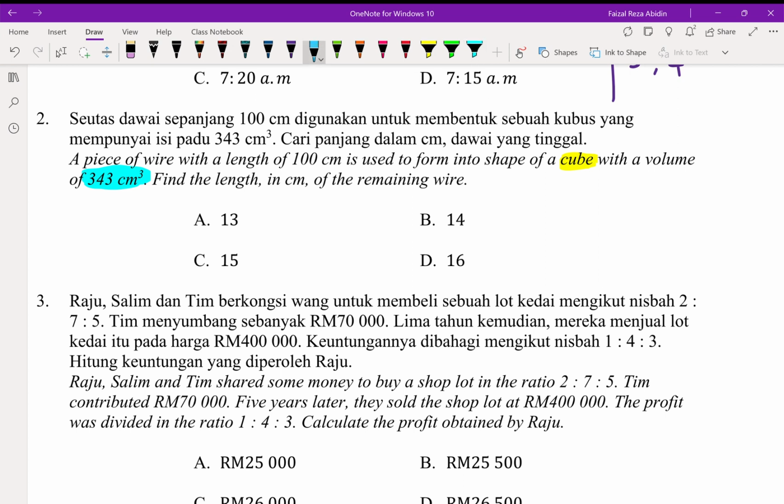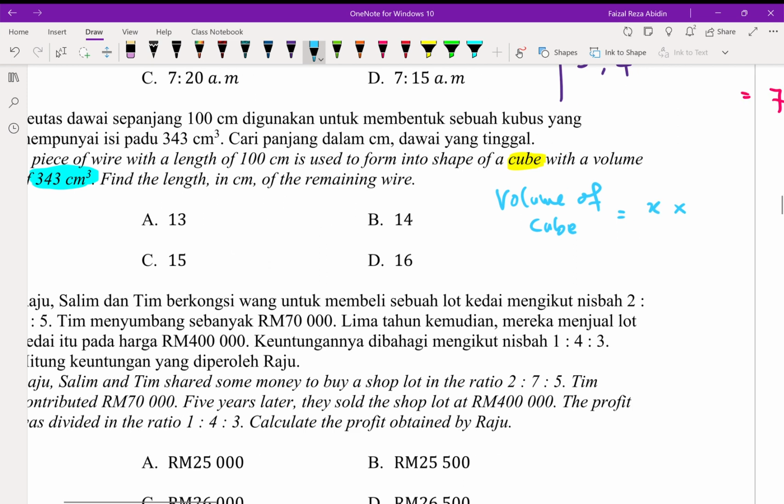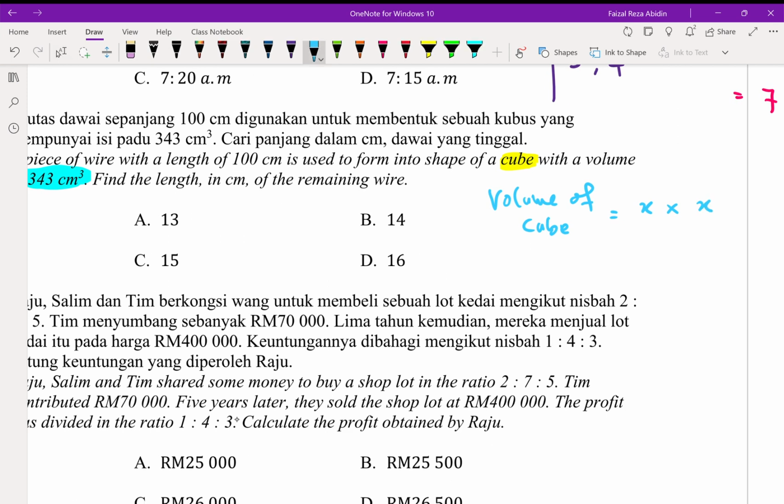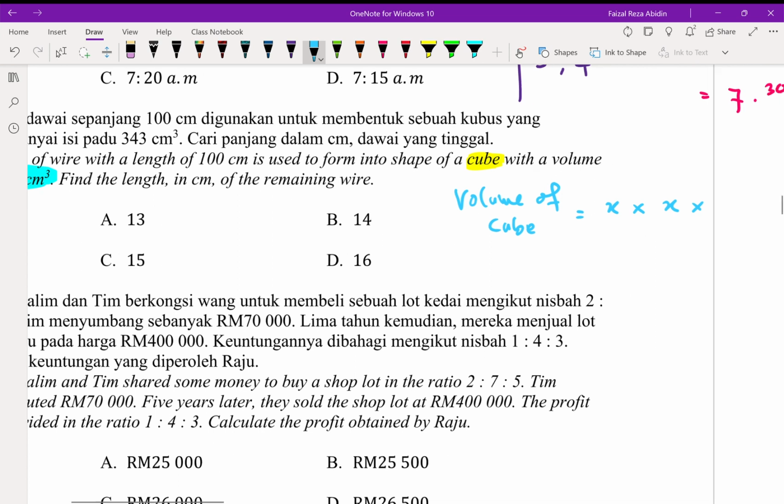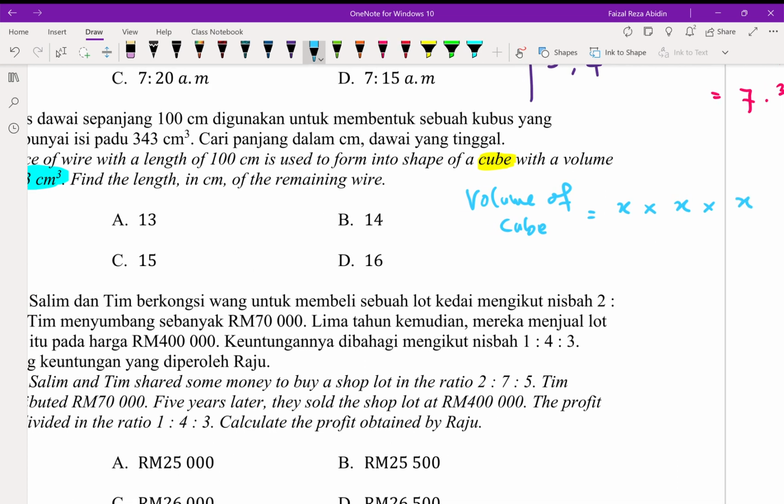So we know that for the volume of our cube here, you are going to have length times width times height. So I didn't have the length, the width, or the height. So we know already that our cube is going to have everything the same.